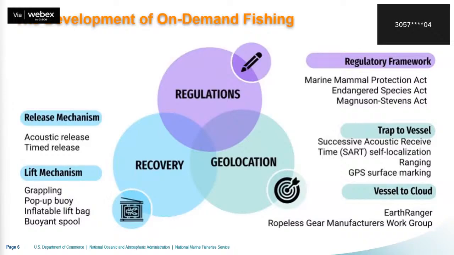As I mentioned, the geolocation is a key part of it. This is something that is occurring at a slight lag behind the recovery testing itself. And we know that there are software solutions out there, like those from a company called EarthRanger, et cetera, that show on an app like the one that exists now, called the Trap Tracker app, where your gear is located relative to other deployed on-demand gear.